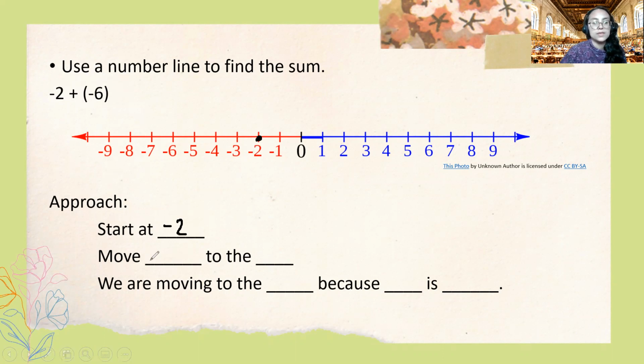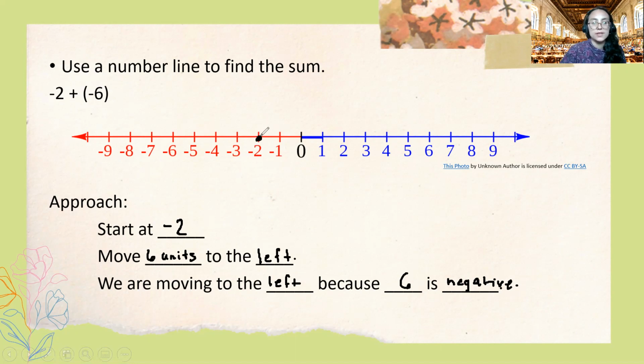We're going to move 6 units. In what direction? To the left. And we are moving to the left because 6 is negative.